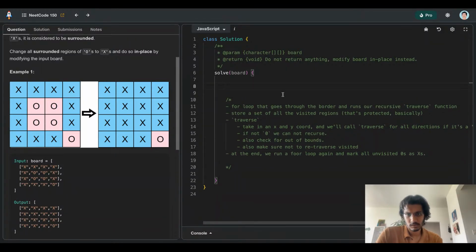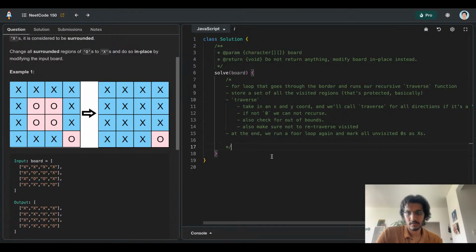Okay. Let's try to now write this code as fast as possible.